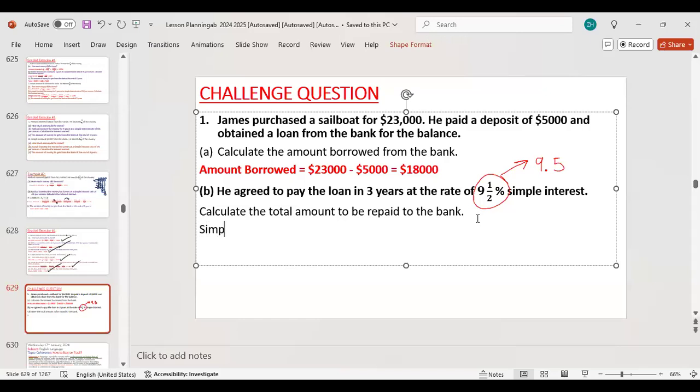So simple interest. P is equal to what? 18,000. Principal. R is equal to 9.5. T is equal to 3.